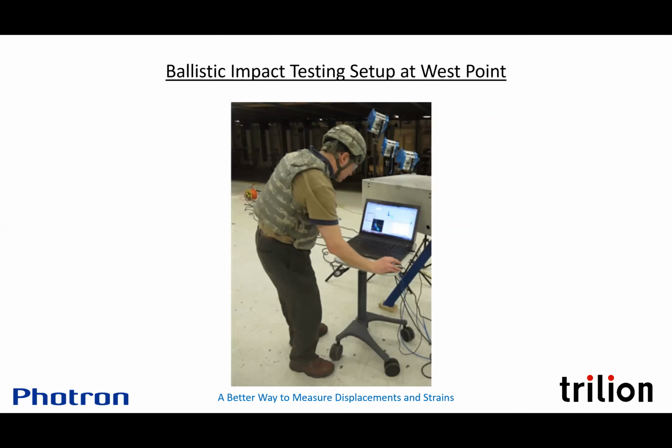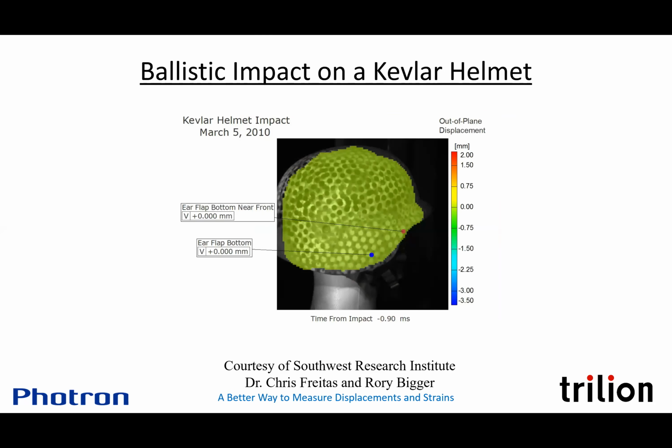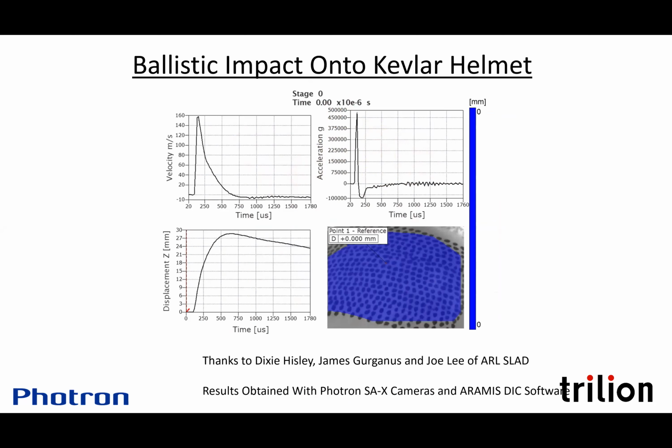I showed some very high G measurements in the post-processing of helmet data. Here it is. This was done at ARL SLAD, but it's showing the general idea. If we're talking about vibrations and DIC, the limiting factor is our displacement sensitivity, right? That's how we would differentiate from something like a scanning laser vibrometer.